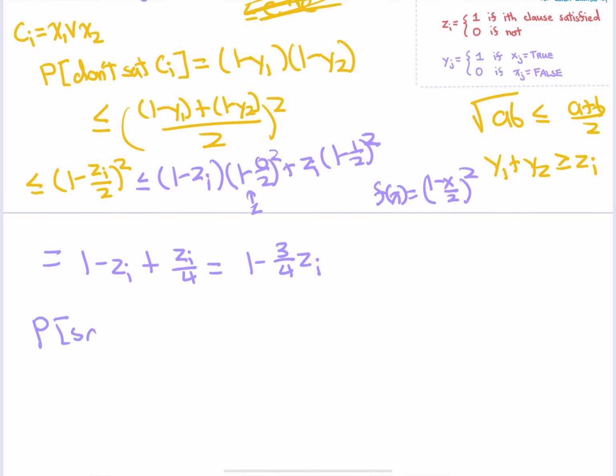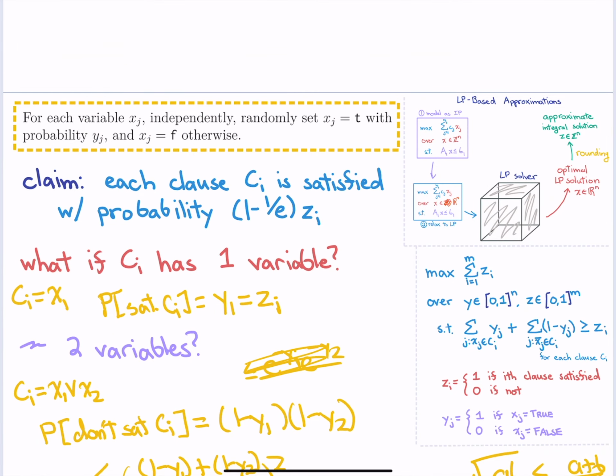So the probability I satisfy ci when there's only two variables is at least 3/4 times zi. So these are both slightly better than 1 minus 1 over e. Again, 1 minus 1 over e is something like 0.68, a little bit less than 3/4.